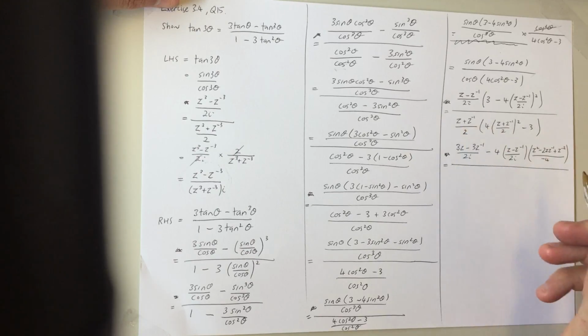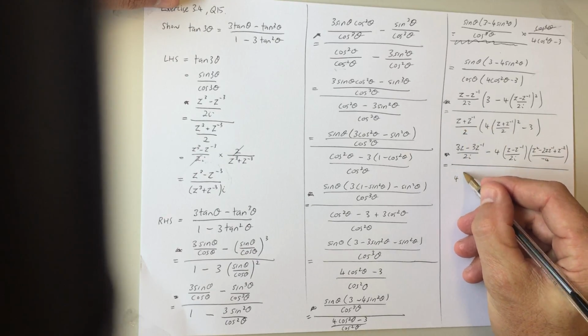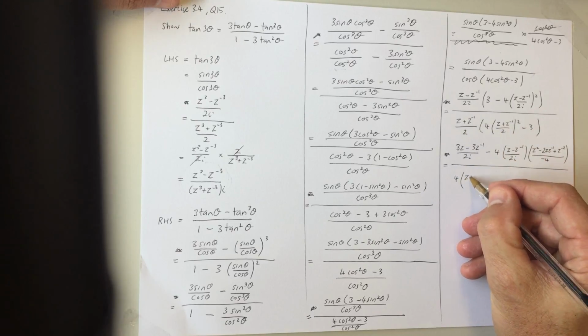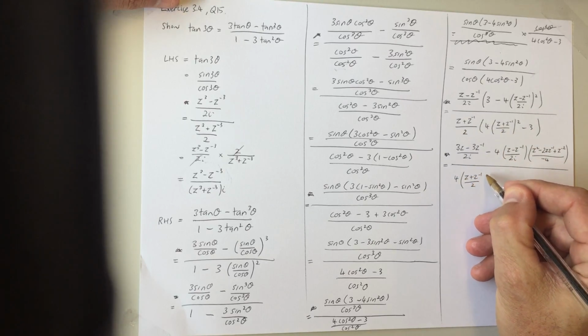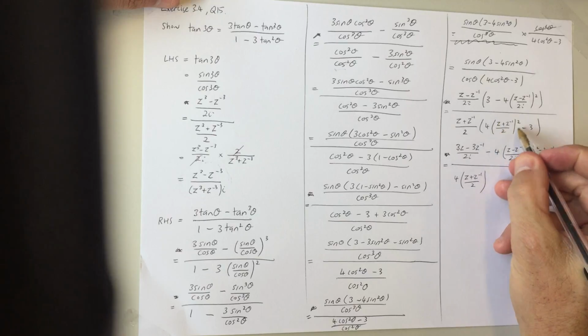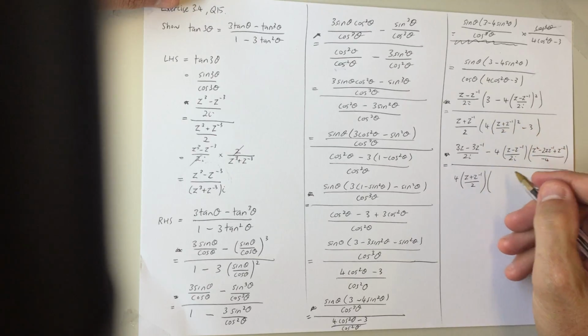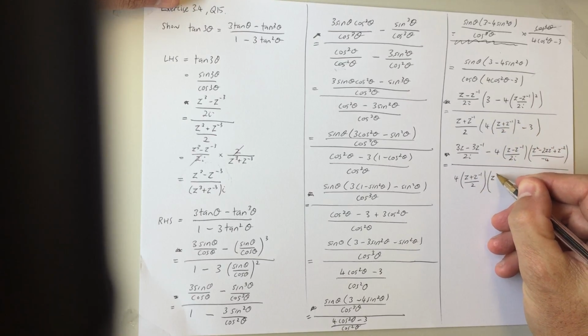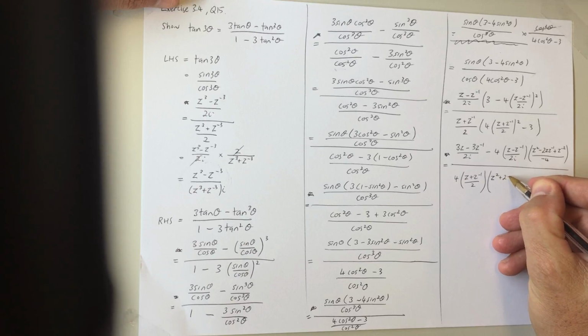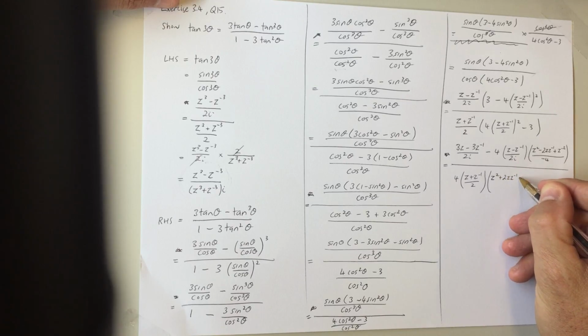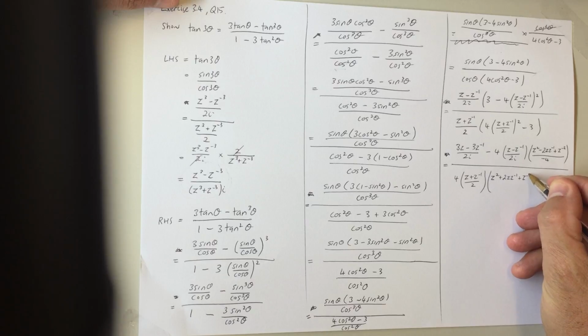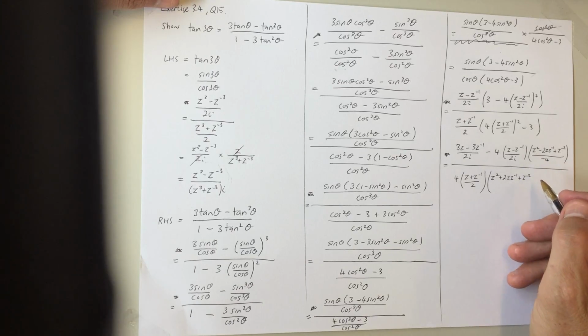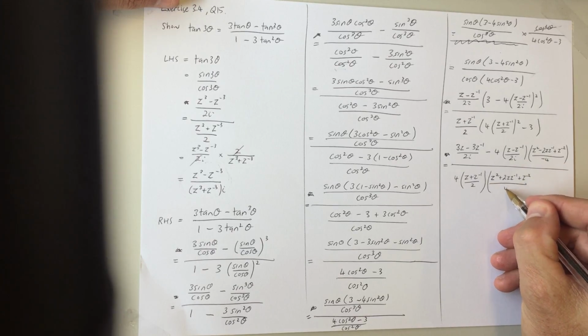Alright, so the 4 times that, 4 times (z plus z to the power of -1) over 2. Now times it by this squared, so similar to what we did above, so z squared plus 2 plus z to the power of -2 all over 4.